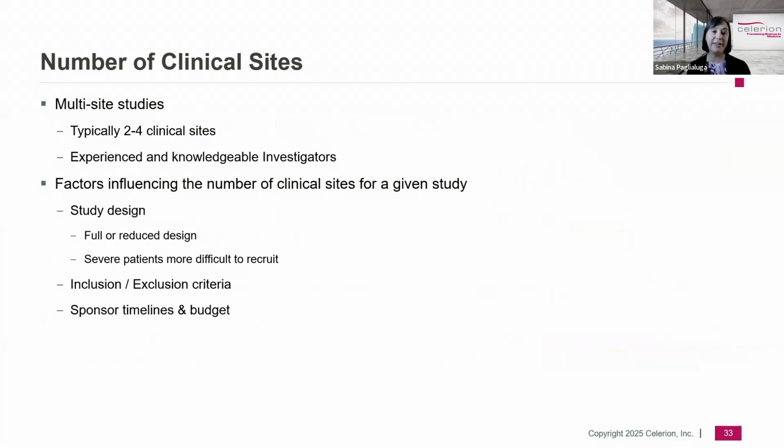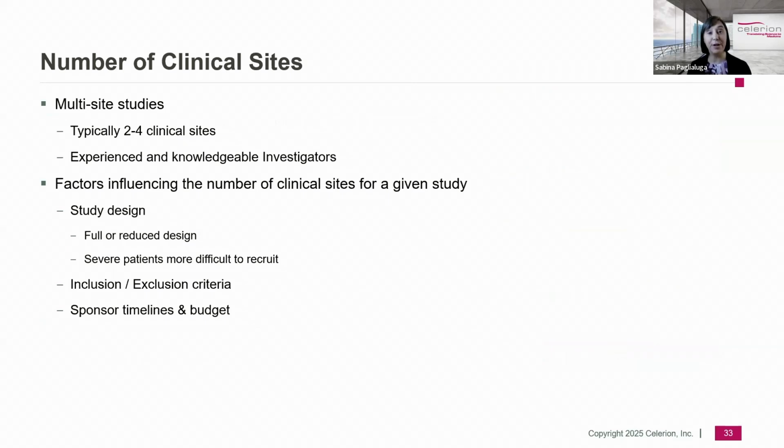As I mentioned, these types of studies are multi-site studies, and typically we look at 2 to 4 sites per study. And the number of sites really depends on the study design itself, whether it's going to be a full or reduced study.